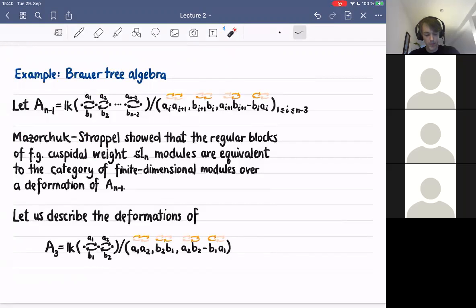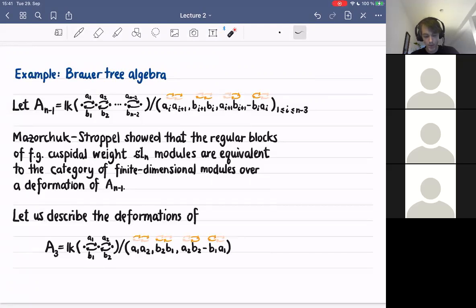There's a paper by Mazurczuk and Stroppe, and they found that the regular blocks of so-called finitely generated cuspidal weight SLN modules are equivalent to the category of finite-dimensional modules over a deformation of this algebra. So the deformation appears naturally, and you may want to know what this deformation looks like.